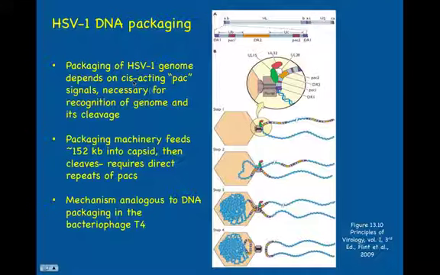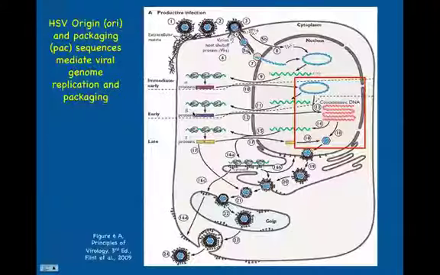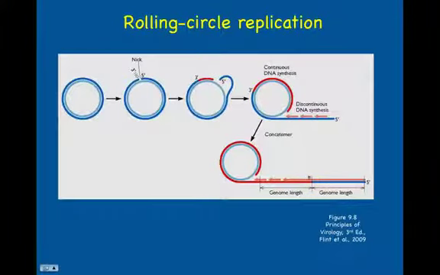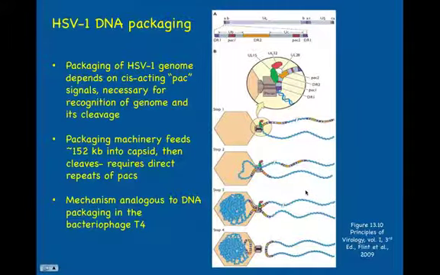But if something on chromosome 1 would affect chromosome 14, that would be named trans. When you're talking about viruses, it's on one copy of the genome versus another copy of the genome. This PAC signal is necessary for recognition of the genome, and then its cleavage. So, like I said, you get multiple copies of the genome from this rolling circle, and you need to cut them, and the PAC signal tells you how to do that.